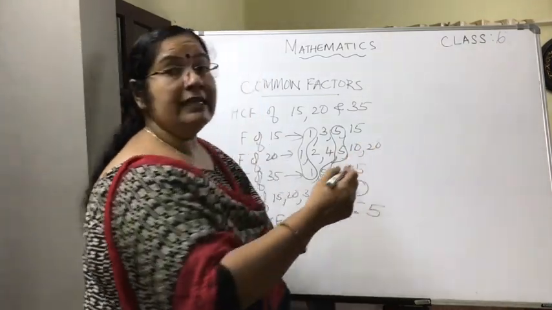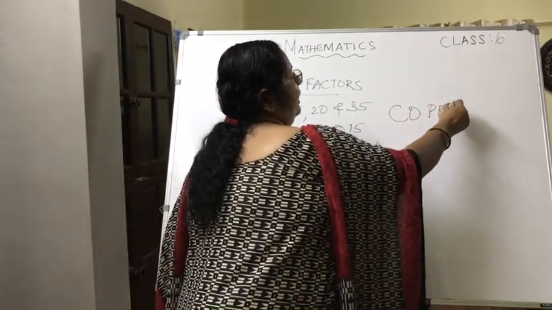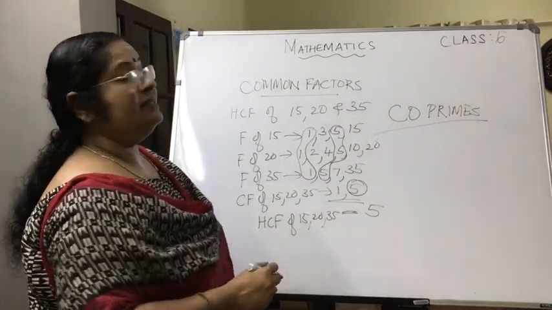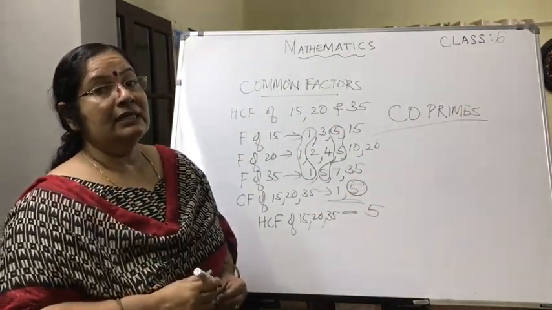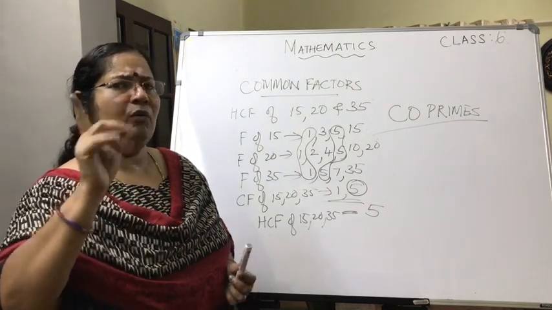What are they called? Co-primes. C-O-P-R-I-M-E-S. Co-primes. So what are co-primes? Numbers whose common factor is only 1.